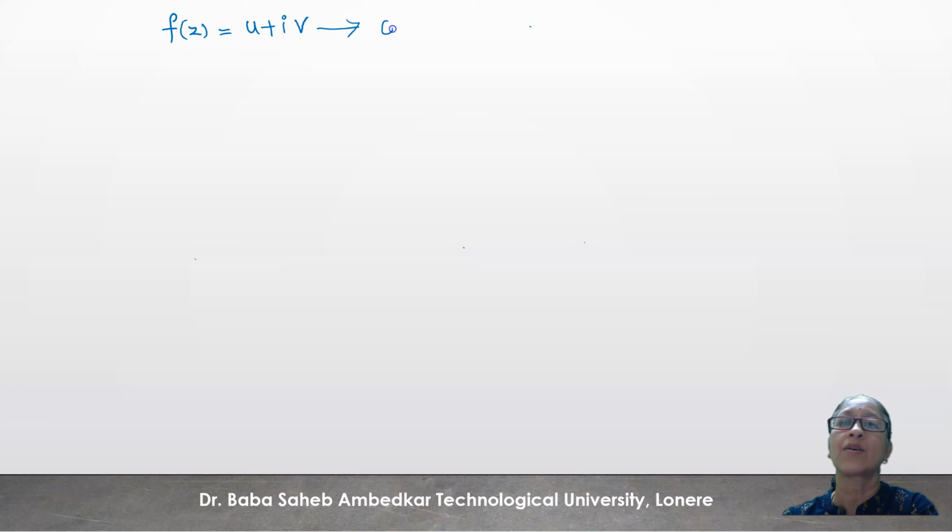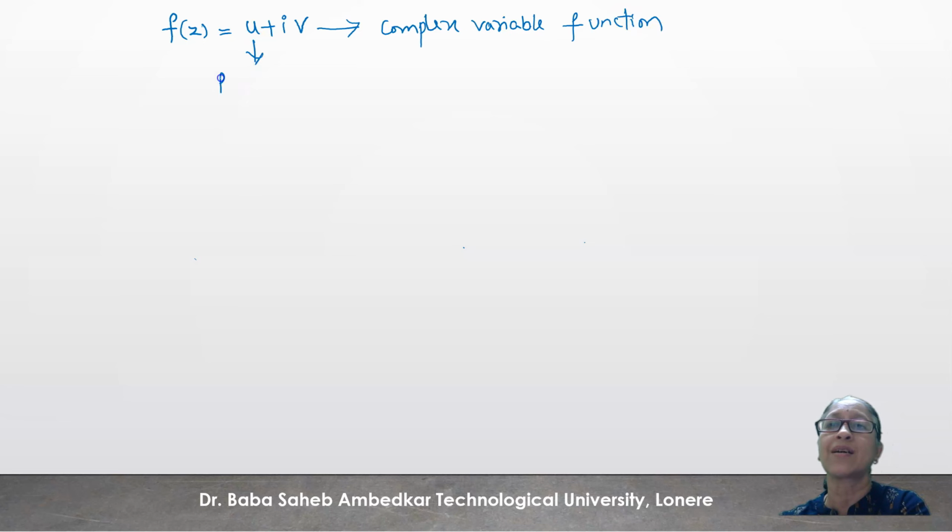What is this? Complex variable function, or function of complex variable. Here u is function of xy and v is also function of xy. So this function is complex variable function.